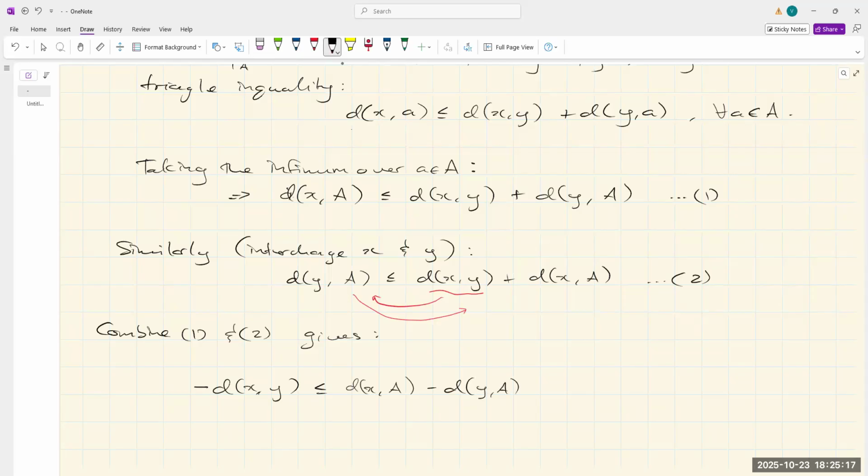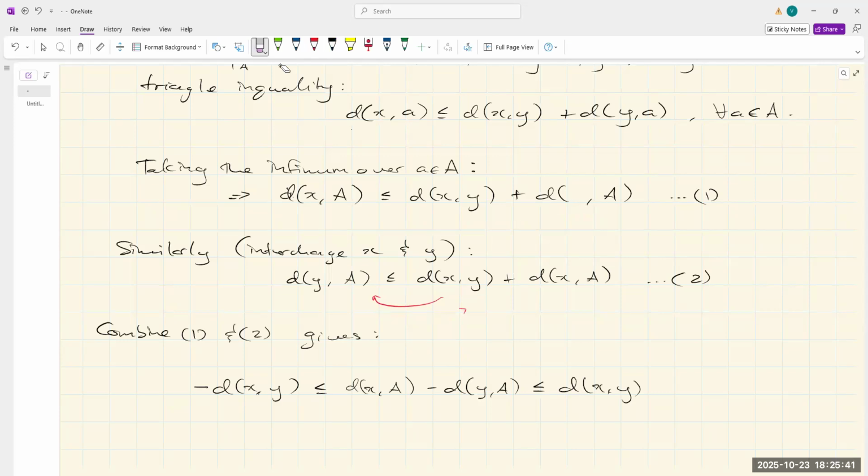And now I use the first one, and from number 1, I could take this one on this side, and I will get this guy is less than or equal to d(x,y). And so I'm just rearranging those inequalities.